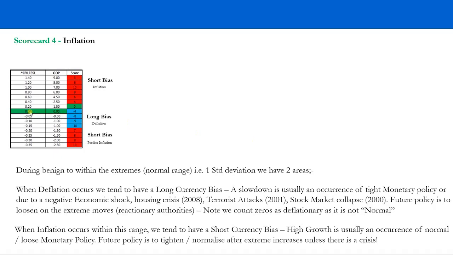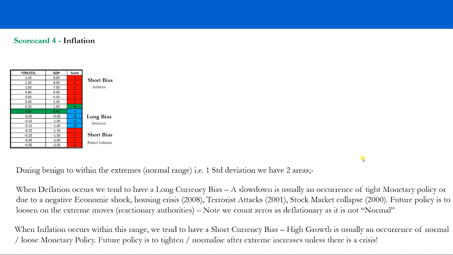You can see here that we're going up in increments of 0.2% on the inflationary side, and it's tighter on the deflationary side, going down in increments of 0.05% on the scorecard. And these numbers are again associated historically with certain levels of real GDP growth. And then we assign our scores as inflationary, deflationary, and in the zones of short and long bias.